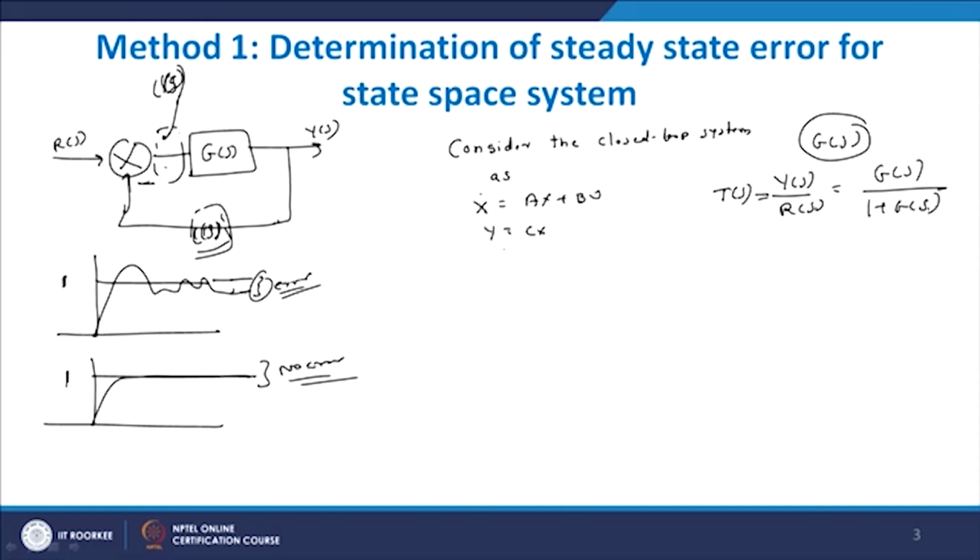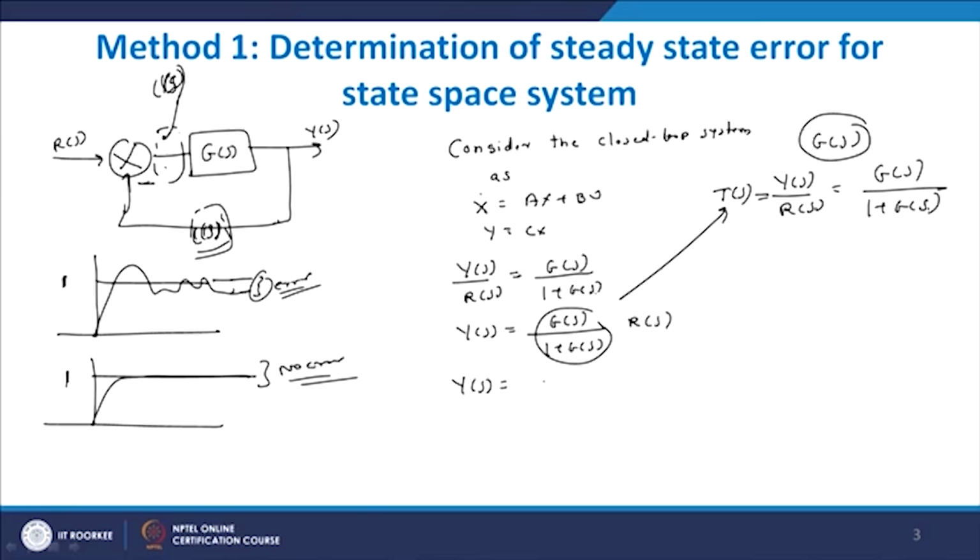So Y(s) equals G(s) upon 1 plus G(s) into R(s), that is, Y(s) equals T(s) into R(s). This is the first equation which we got.